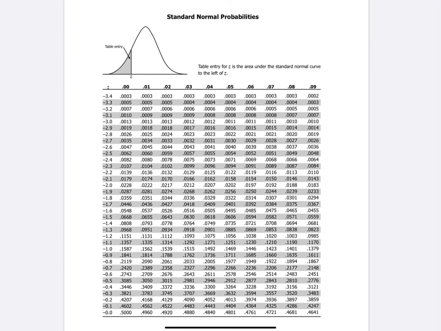And let's look at a particular example. So let's say we want to find the probability that z is less than or equal to negative 1.68. So if you were to draw the probability density curve, if this is 0, then negative 1.68 is, let's say, right over here.